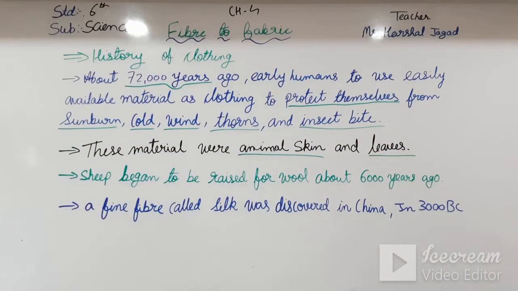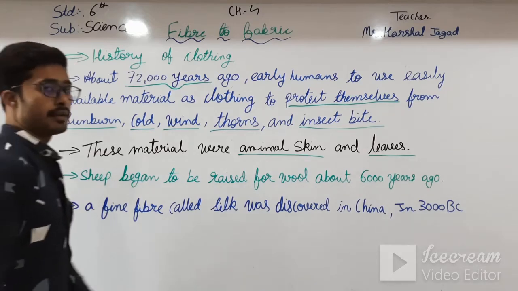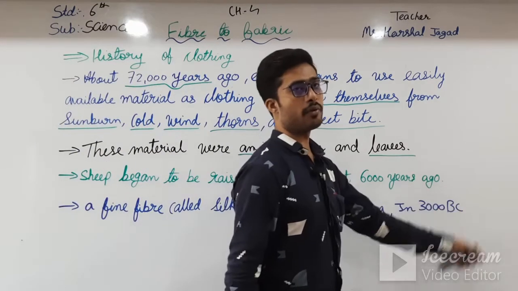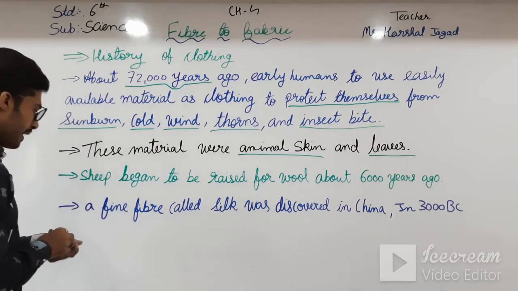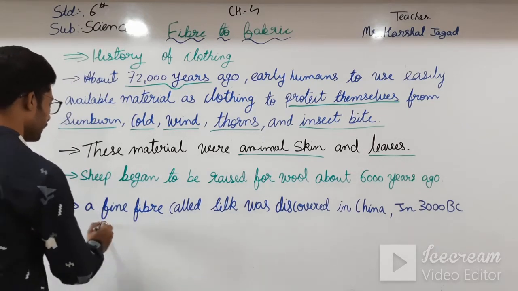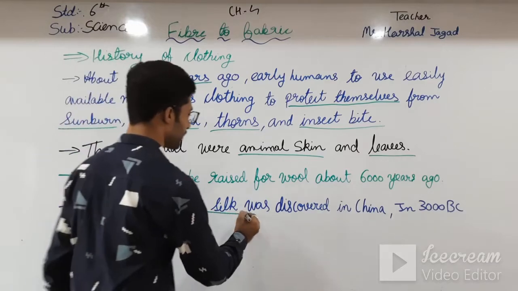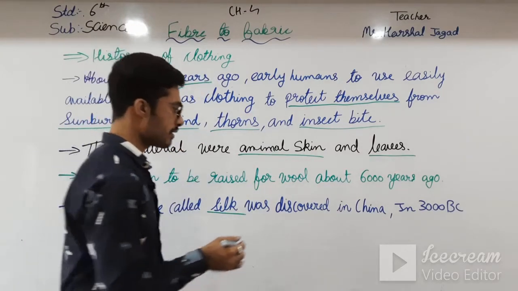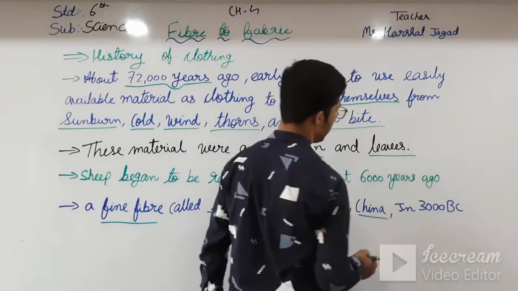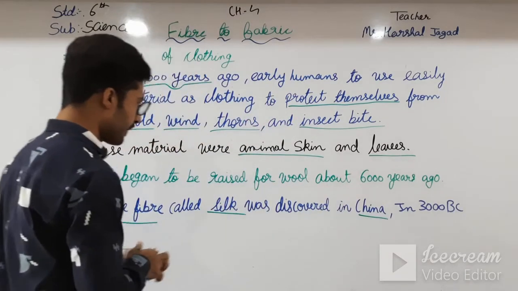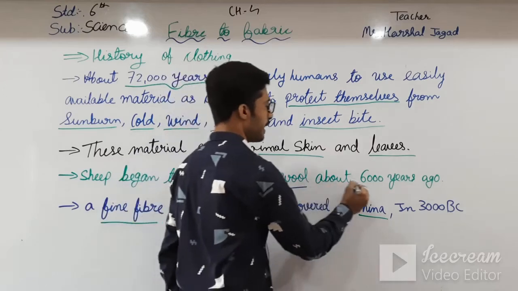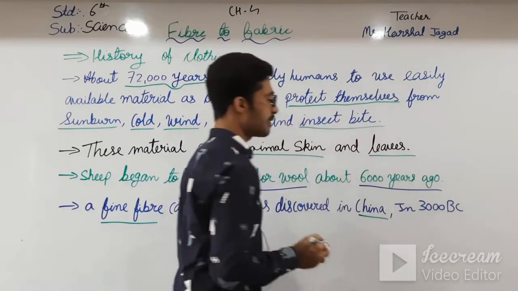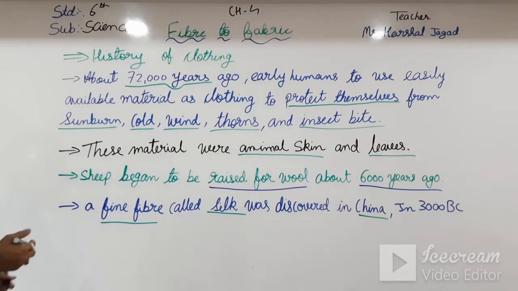Okay students, and then after, in 3000 BC, before Christ, what did they find? They found a fine fiber which was known as silk. Where was it discovered? It was discovered in China, and sheep began to be raised for wool about 6,000 years ago.